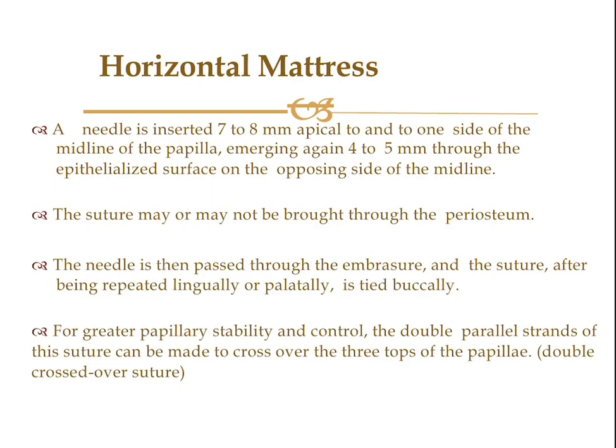The needle is then passed through the embrasure, and after the step is repeated lingually or palatally, the suture is tied on the buccal surface. For greater papillary stability and control, the double parallel strands of this suture can be made to cross over the tops of the papilla.